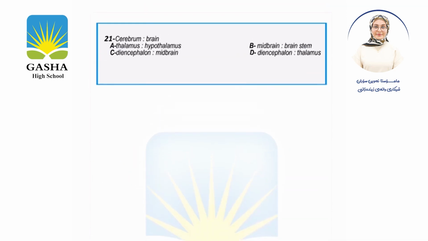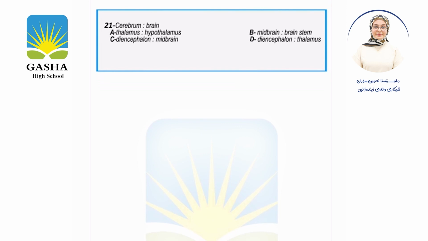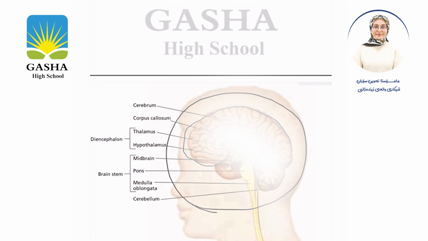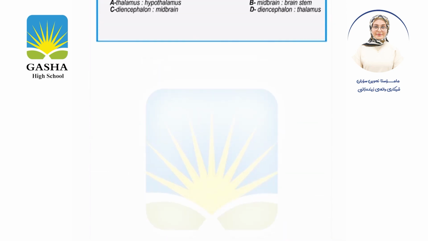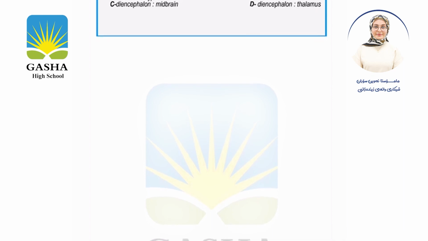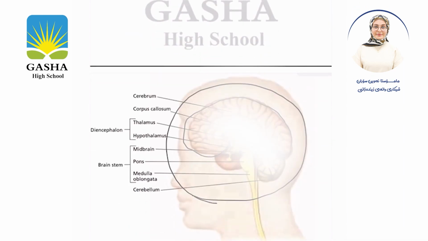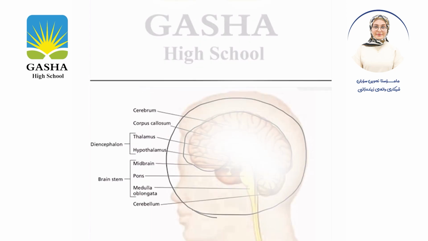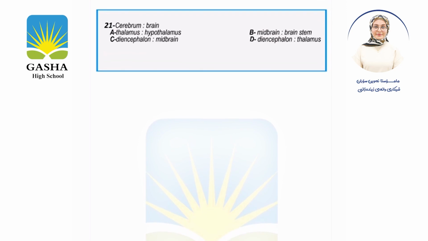So A is false. B, midbrain and brainstem. Midbrain is a part of brainstem. Yes, so B is true. C, diencephalon and midbrain. The midbrain is not a part of diencephalon, so it's false. D, diencephalon and thalamus.